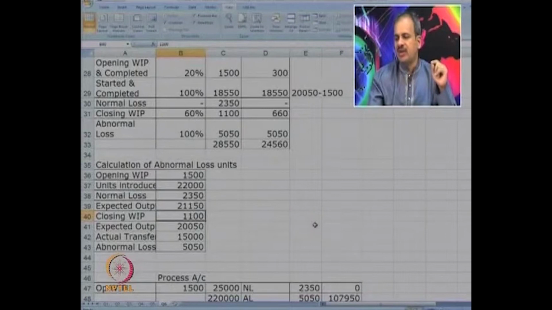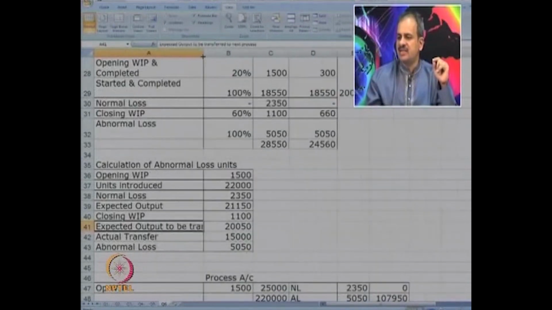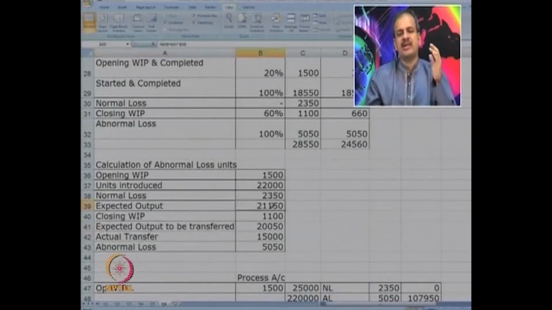Closing stock is 1100. So expected output to be transferred, I will just increase the size for more clarity. So total expected output is 21,500. Of that, 1100 is in the closing WIP, so it is semi-finished.